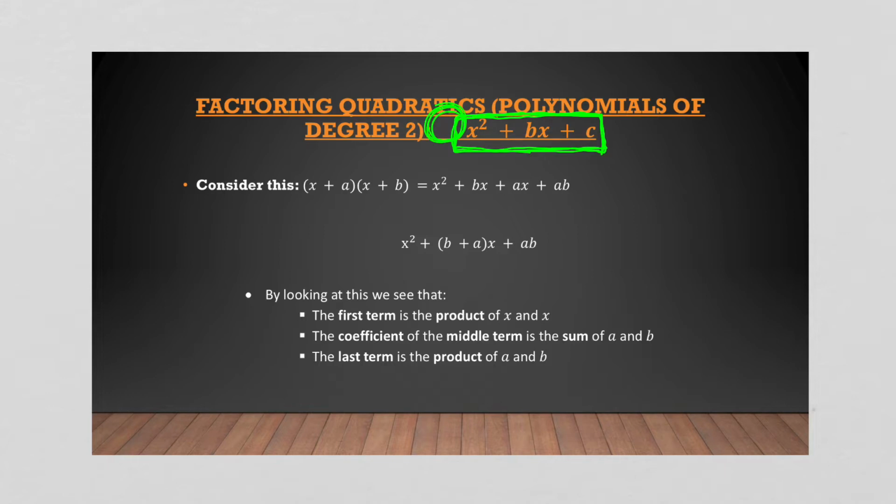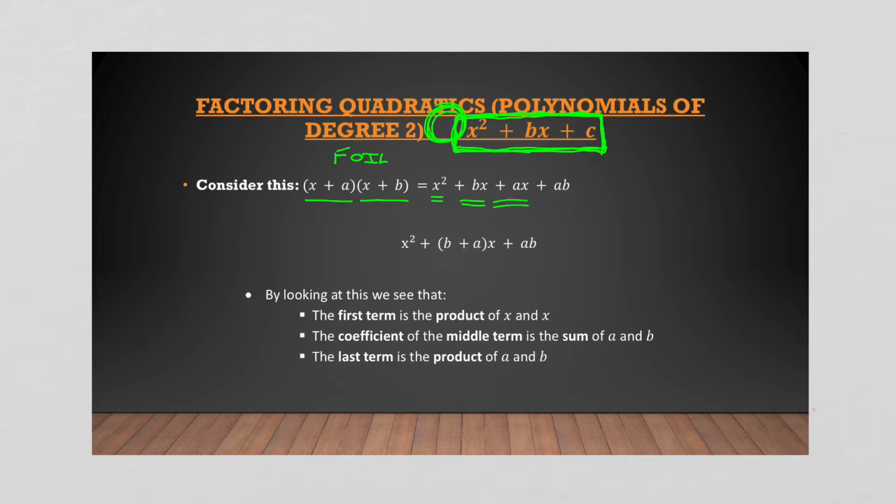Now, look at this. If you have a binomial x plus a and a binomial x plus b, and I'm using generic terms here because let's keep it generic. When you FOIL this, x times x always gives you x squared. And then you do x times b, or bx, right? Same thing. So that's your outside.